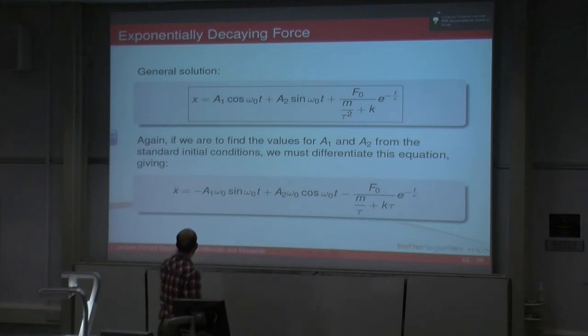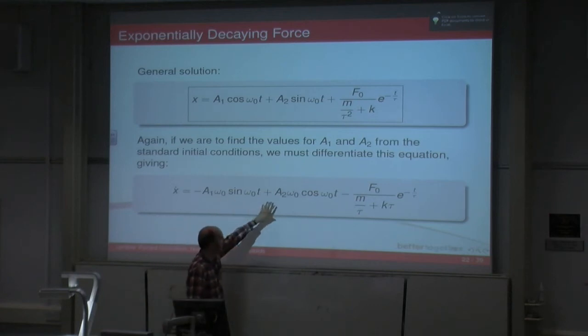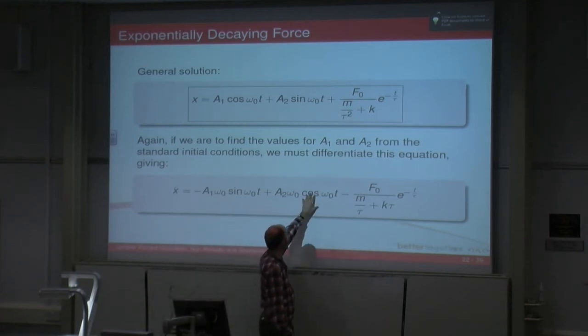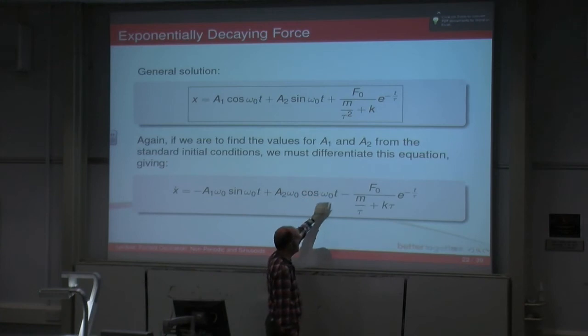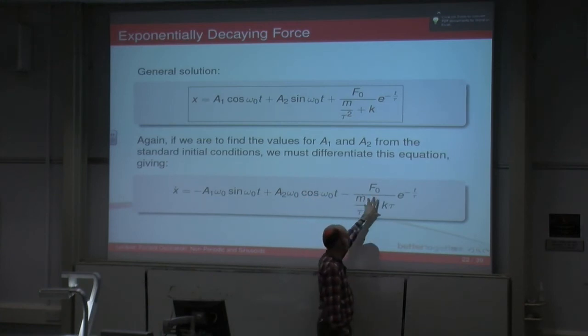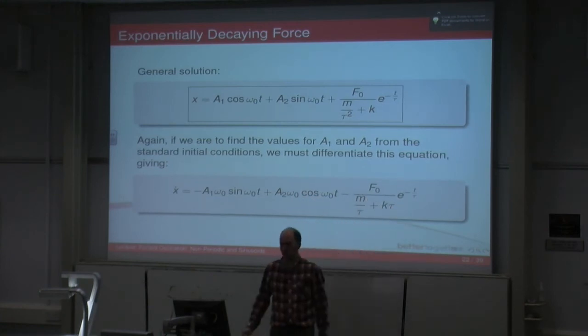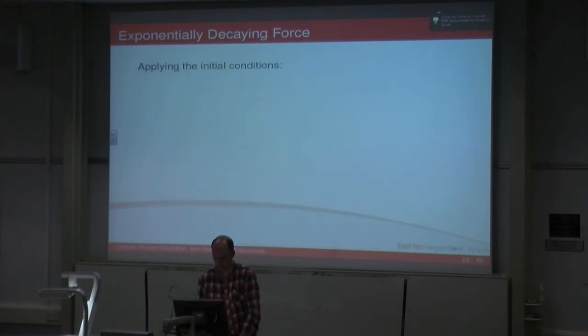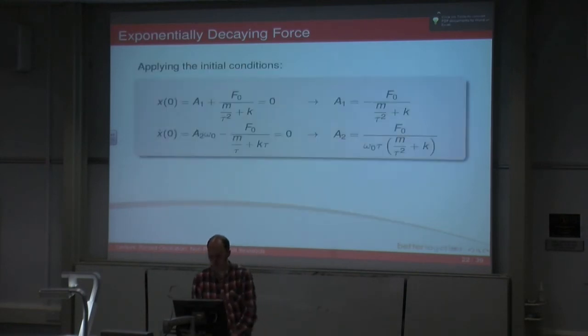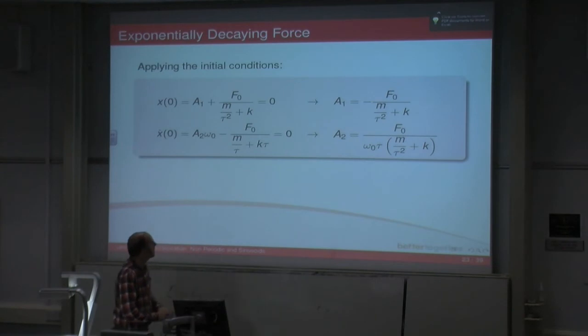When t is 0 in this equation, that obviously drops out. A2 times omega times 1 minus that lot, because obviously that becomes 0 here. So we have A1 equals minus F0 upon m divided by tau squared plus k.